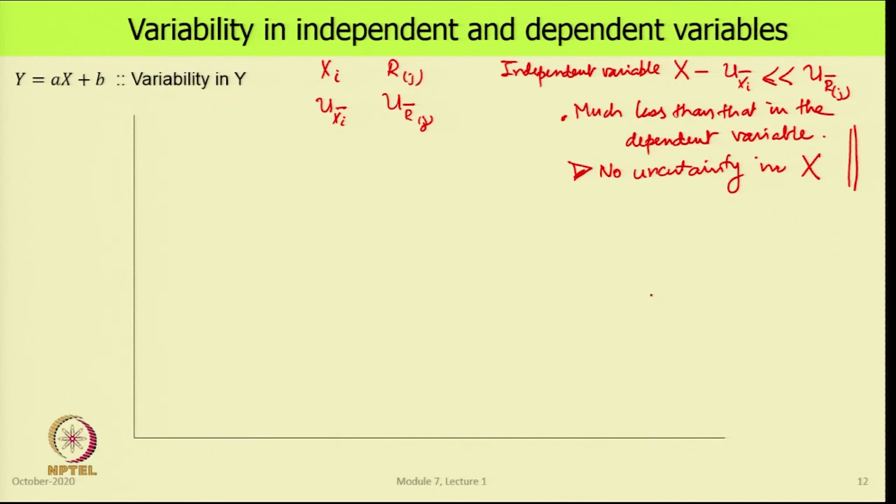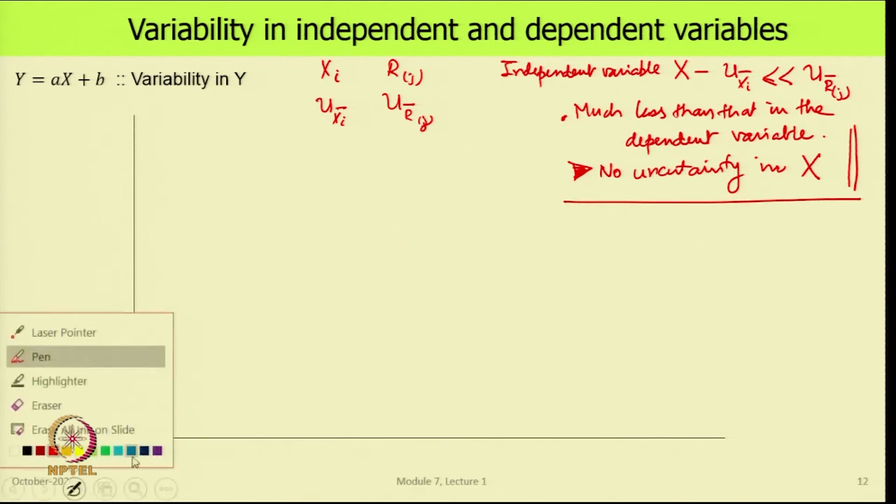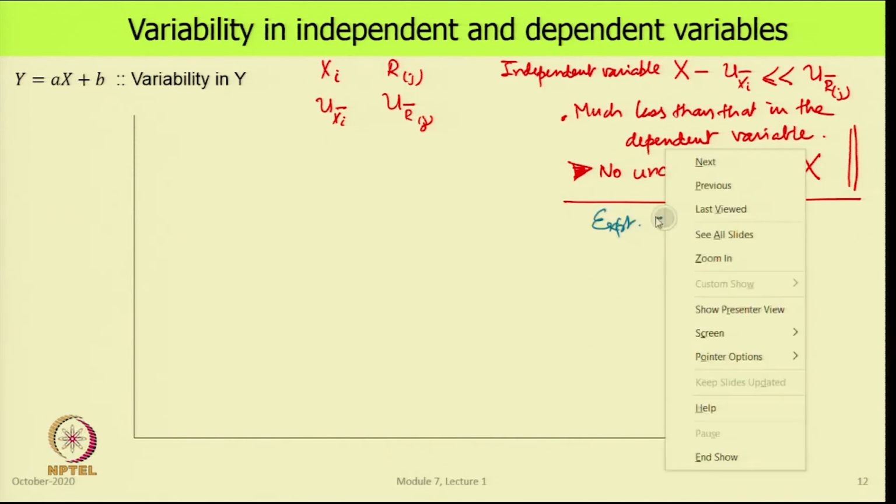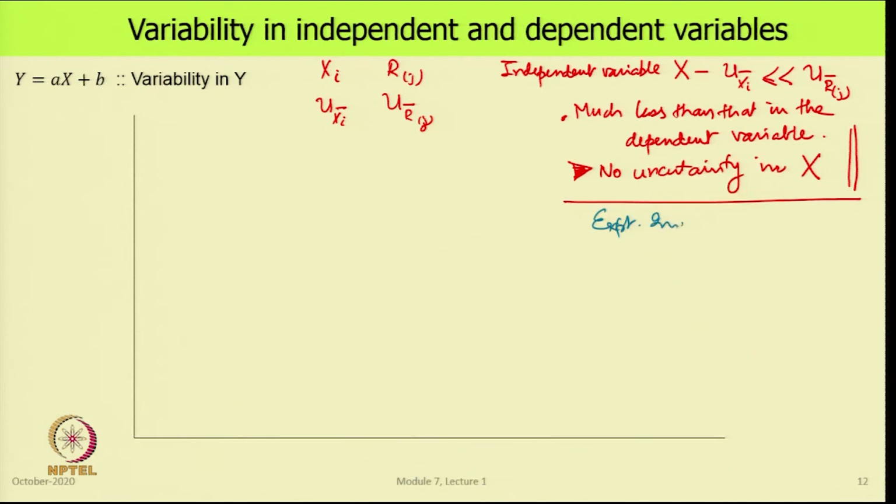So, that is how we would pick it, and in many cases when we looked at the experiment design, in the context of the experiment, when we looked at independent and dependent variables, we picked up the values of the independent variables in such a way that their uncertainty is minimized.